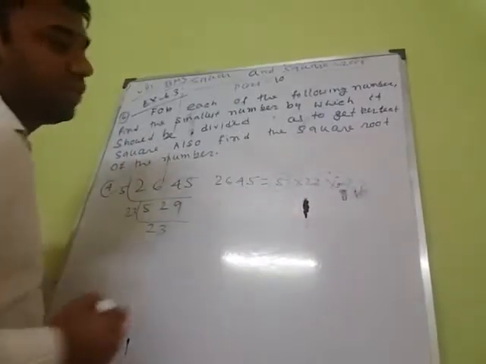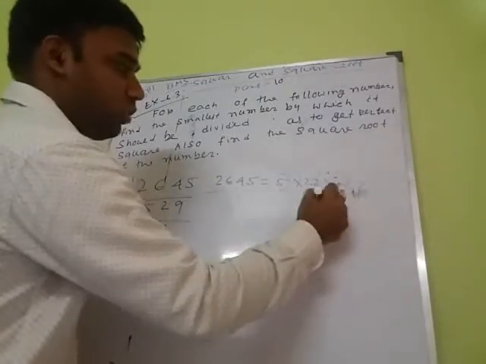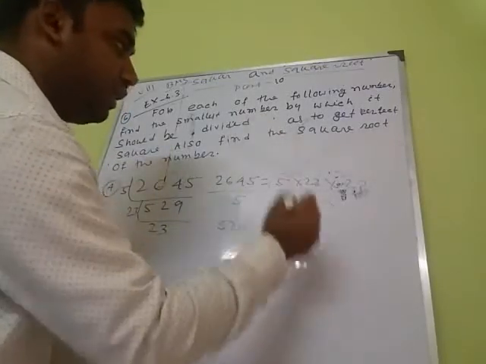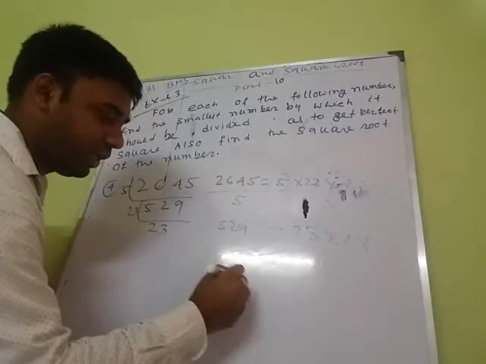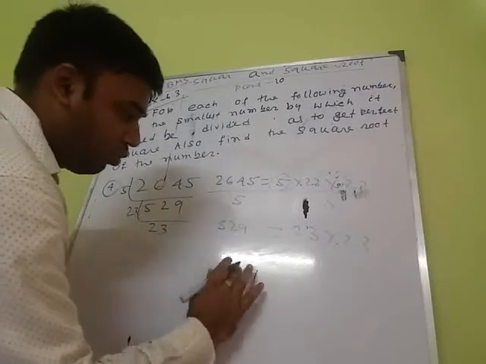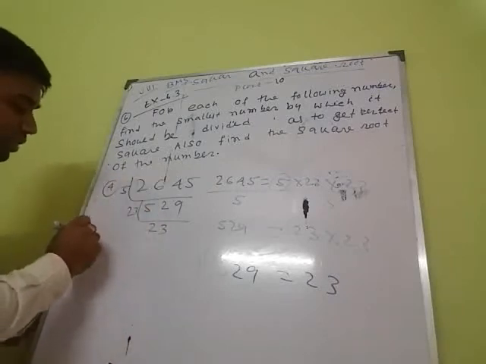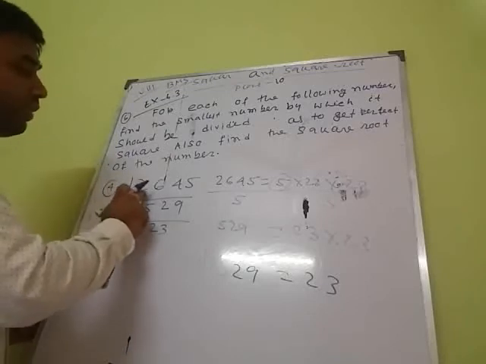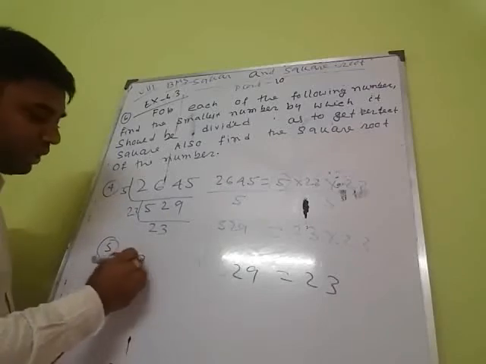The only disturbing element, 5, is not in pair form. So divide both sides by 5. That gives 529, which is 23 into 23. The square root of 529 is 23. So the smallest number by which 2645 has to be divided is 5, and it becomes 529, whose square root is 23.